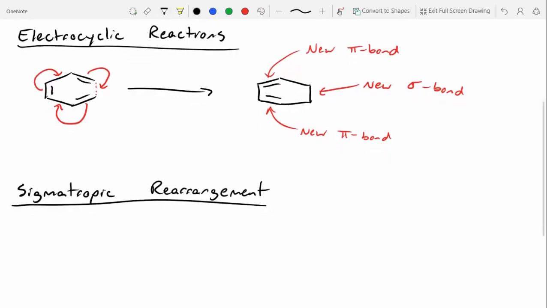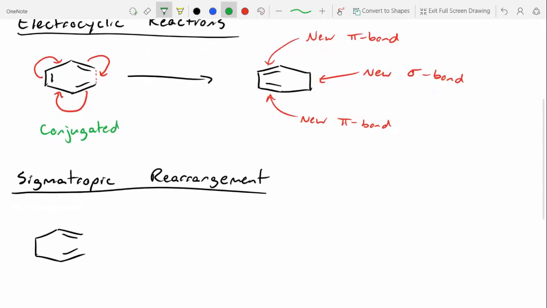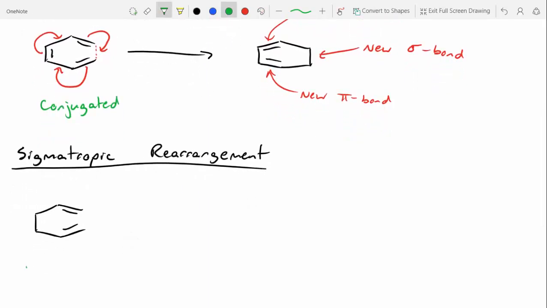With the sigmatropic rearrangement, it's really closely related to an electrocyclic reaction. However, instead of using a conjugated system, we've got an isolated system. So up here, this is conjugated. With the sigmatropic rearrangement, we've got a non-conjugated system.